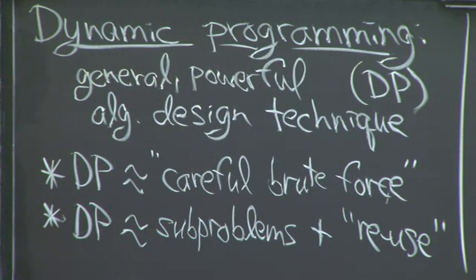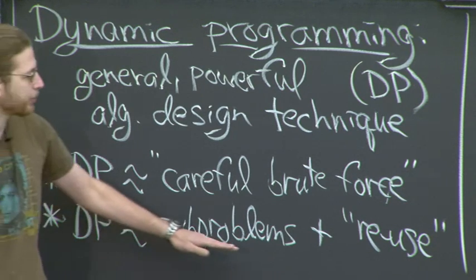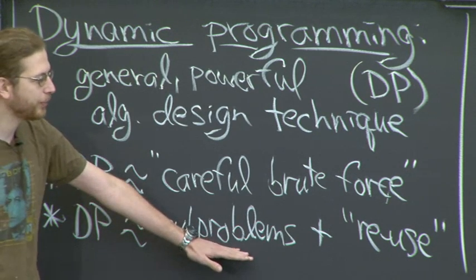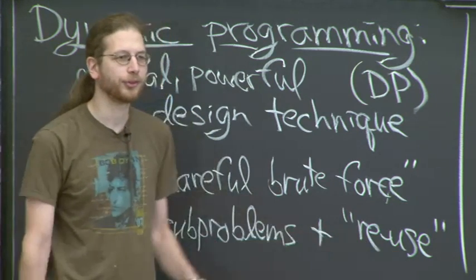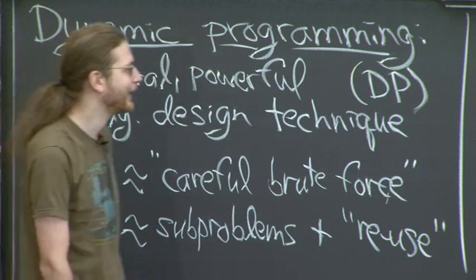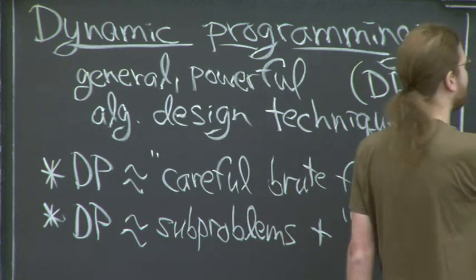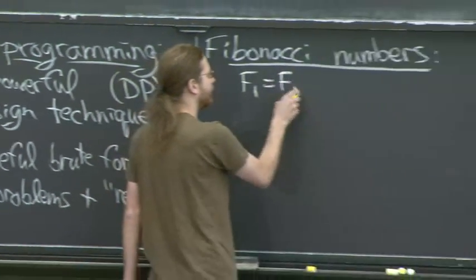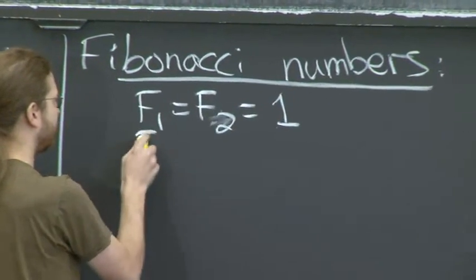In the end, we'll settle on a sort of more accurate perspective. The basic idea of dynamic programming is to take a problem, split it into subproblems, solve those subproblems, and reuse the solutions to your subproblems. It's like a lesson in recycling. Okay? So we'll see that in Fibonacci numbers. So you remember Fibonacci numbers, right? Number of rabbits you have on day n if they reproduce.